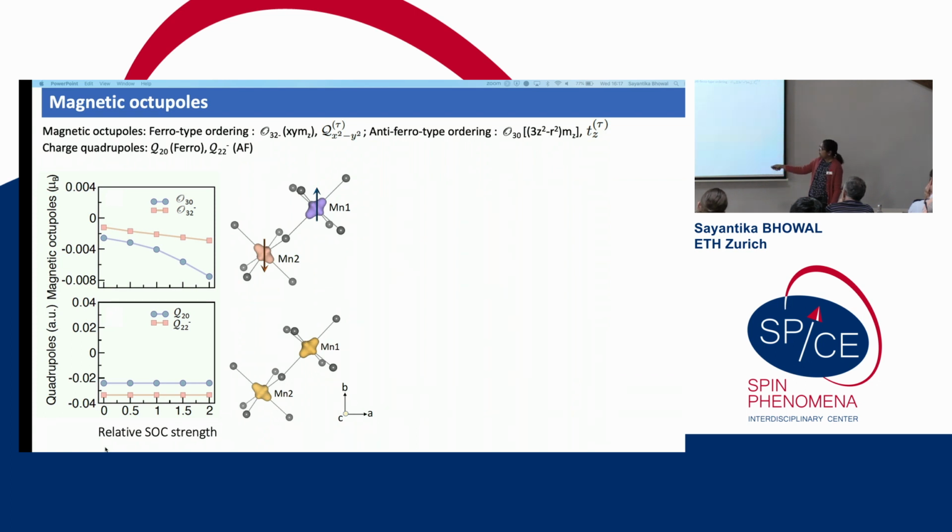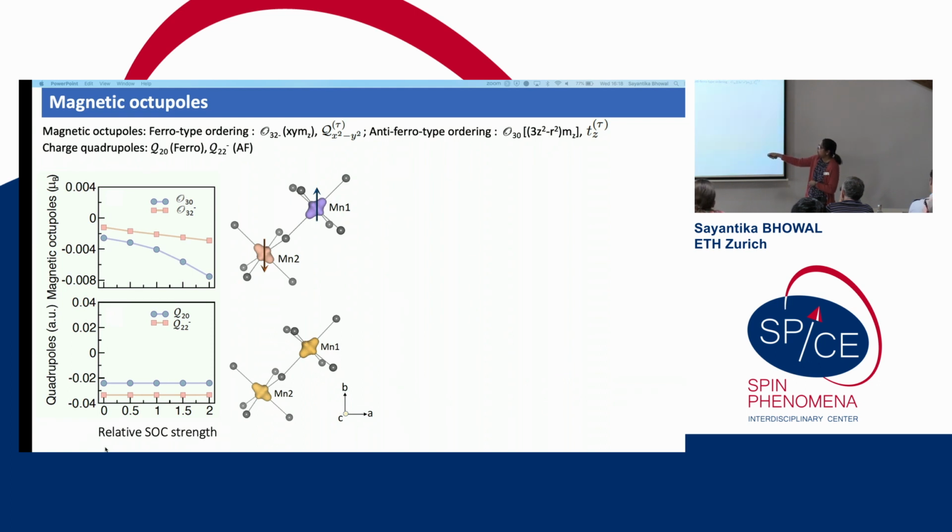And we also plot the band decomposed charge density for the top 2 valence bands that undergo spin splitting. And here we see that the charge density indeed has anisotropy in the XY plane consistent with this Q22 minus quadrupole moment. We look at the corresponding magnetization density and we find similar anisotropy.